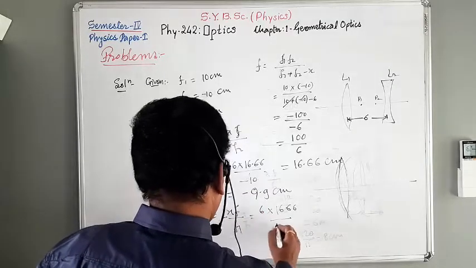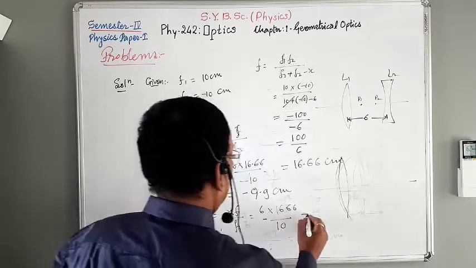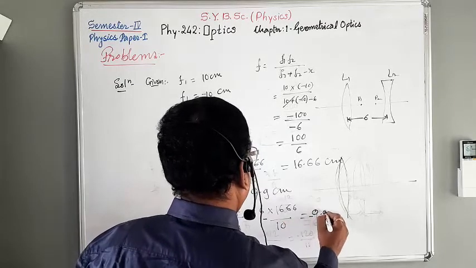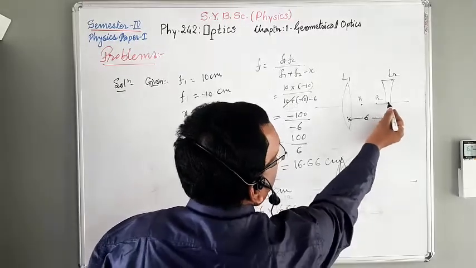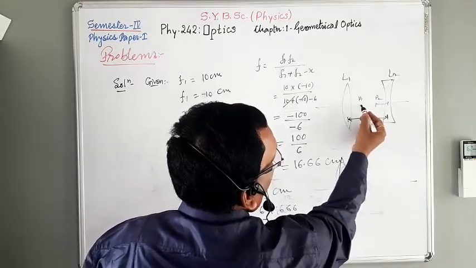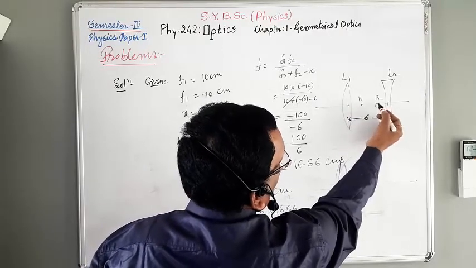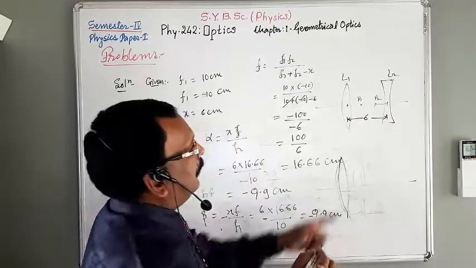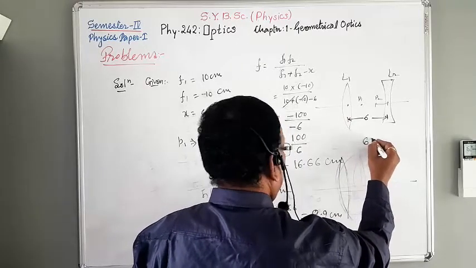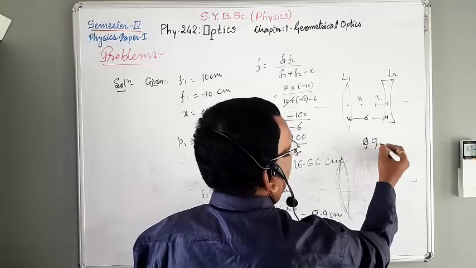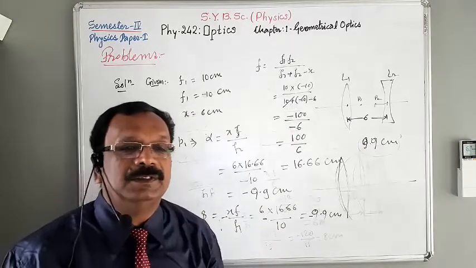So again solve this, and the answer will be minus 9.9 centimeters. So the position of P1 with respect to L1 and the position of P2 with respect to L2 are the same, that is, P1 and P2 are situated at a distance of 9.9 centimeters with respect to L1 and L2 respectively.